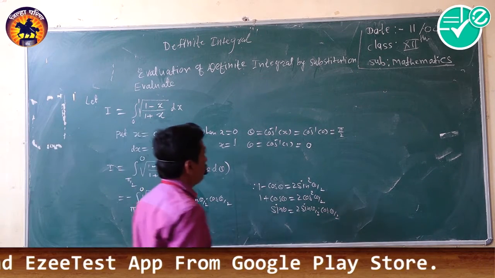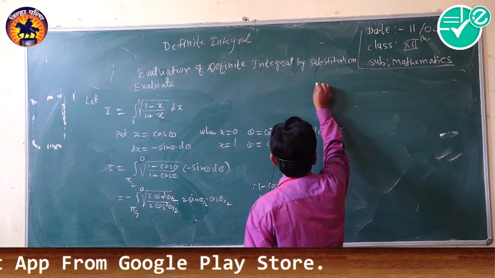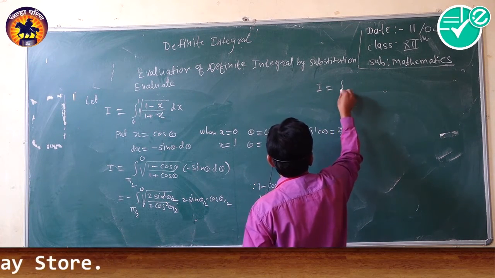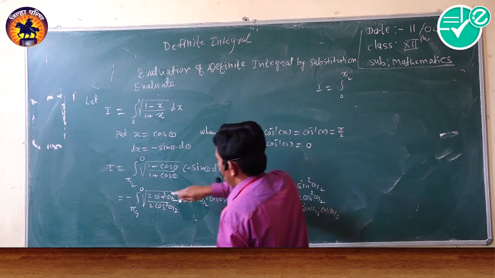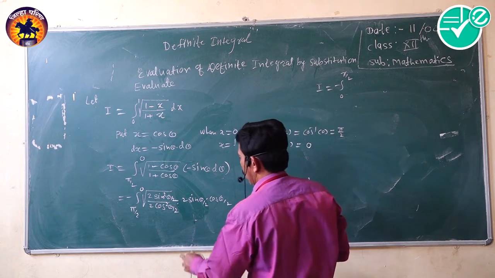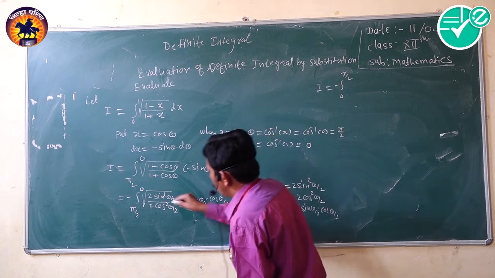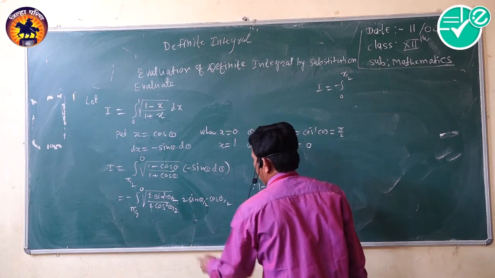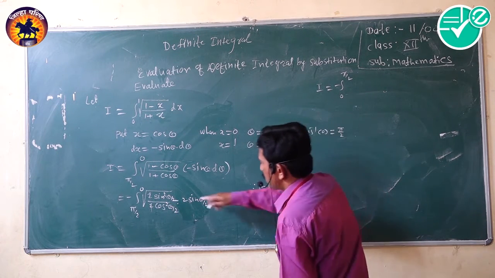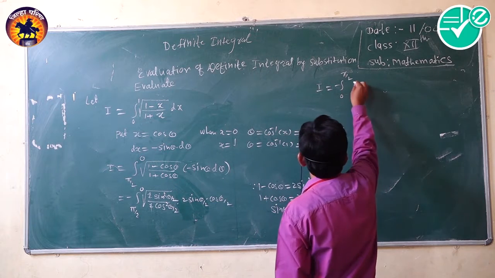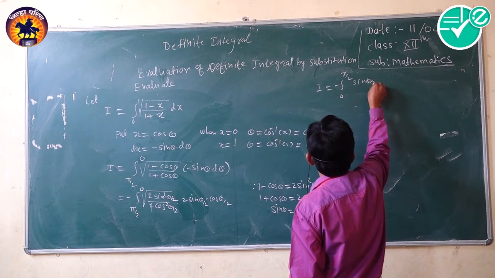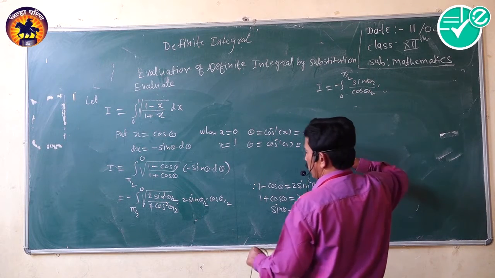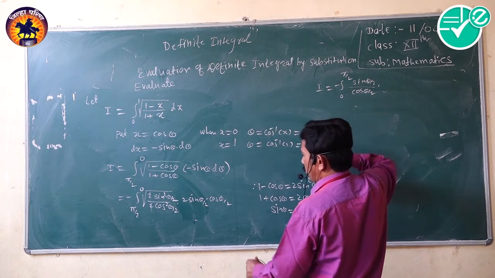Now I is equal to the integration from 0 to pi by 2, with this minus sign. The 2 and 2 get cancelled, and the square and square root get cancelled, giving sin theta by 2 divided by cos theta by 2, into this.